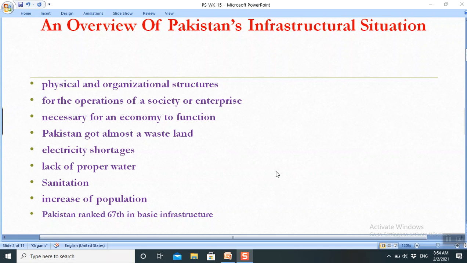Dr. Mahbub ul Haq and other scientists or economists from Harvard University provided assistance to Ayub Khan, and they chalked out a five-year green revolution. People from Pakistan were given opportunities to settle in other countries, and they started sending remittances.